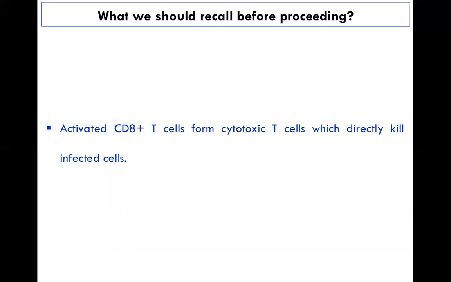So what should we recall even before starting today's lecture? One thing we learned in our previous lectures is that CD8 positive T cells form cytotoxic T cells, which directly kill the infected cells. In this lecture, we will try to understand the cytotoxic T cells.